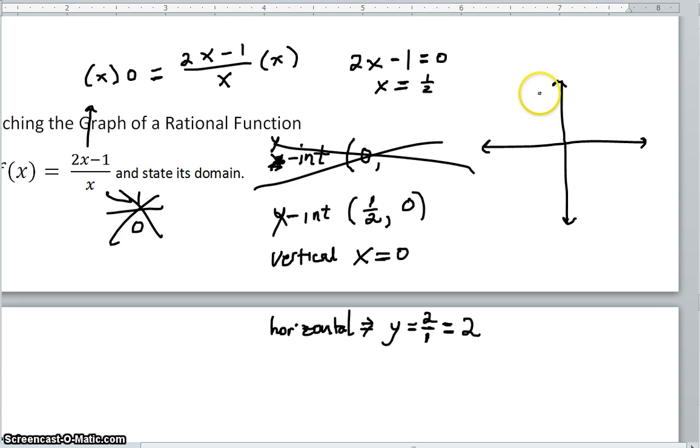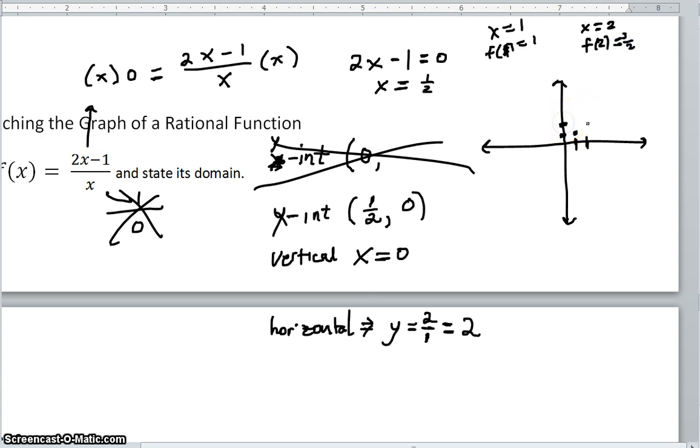Let's pick 1. If I plug in 1, I'm going to get 2 minus 1 over 1, which is just 1. If I plug in 2, I get 4 minus 1, or 3, over 2, which is 3/2.